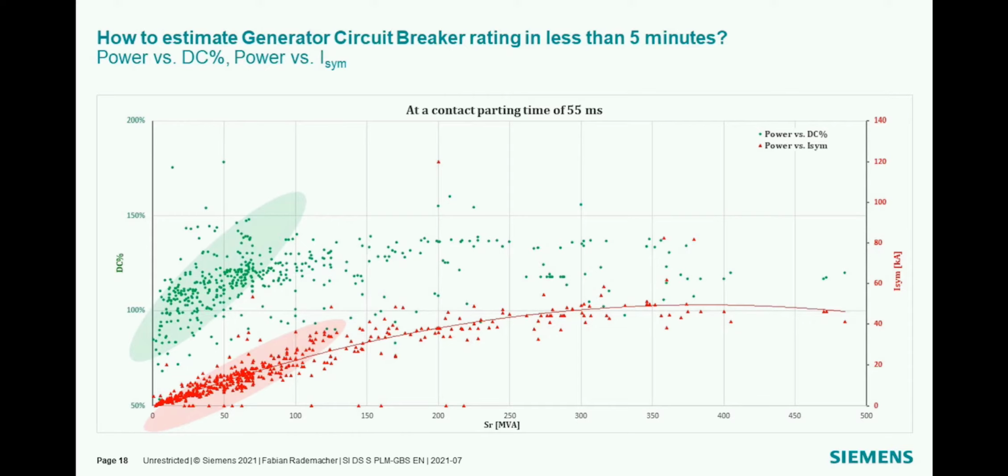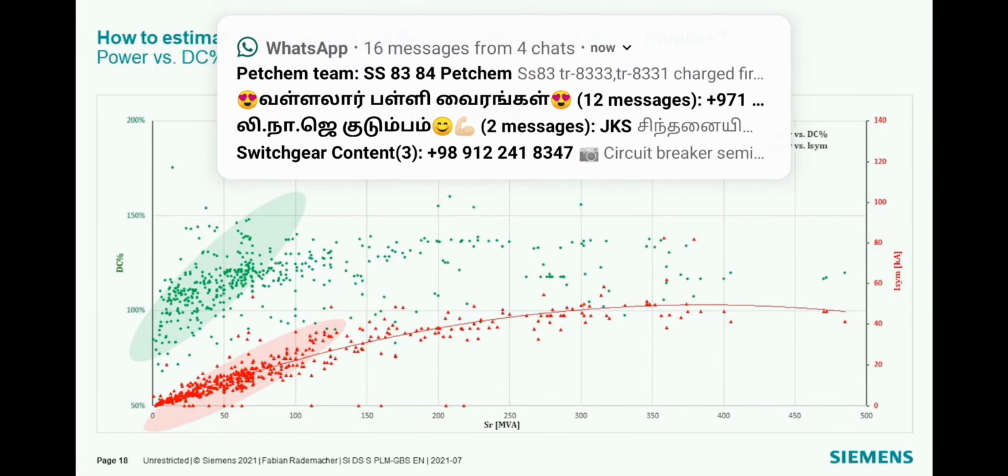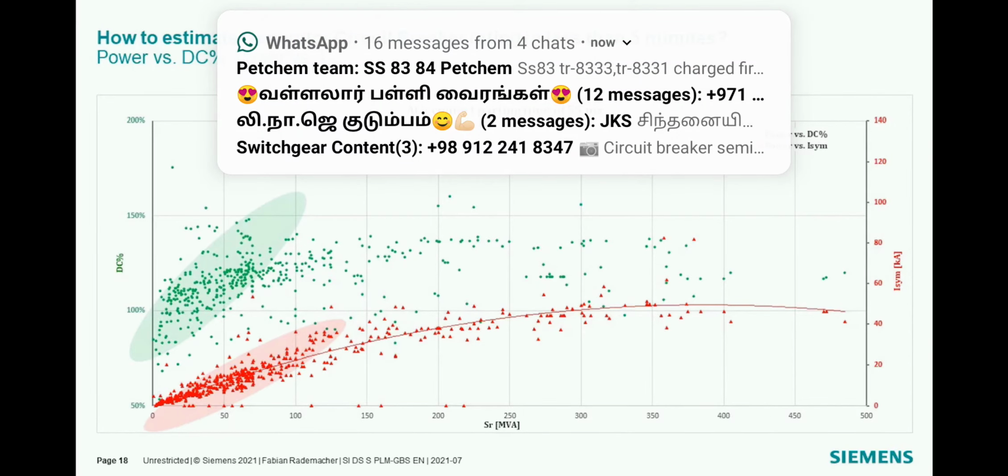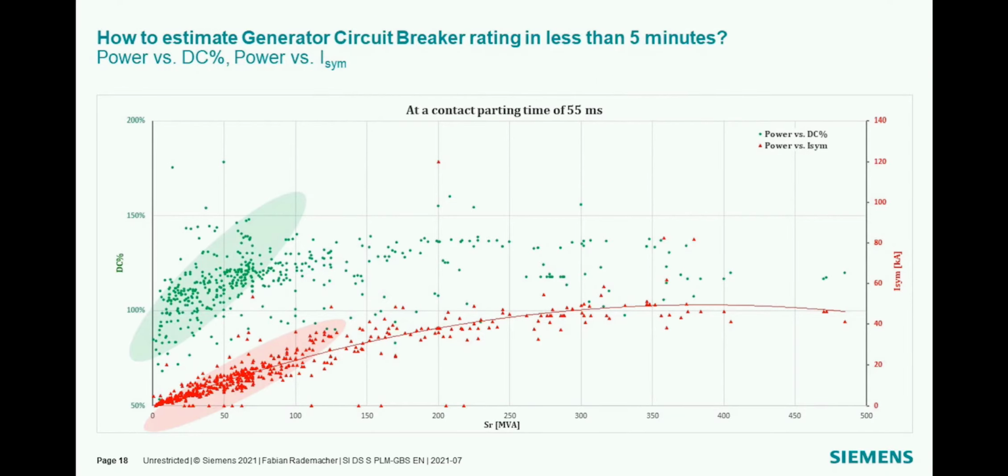So we can give you a reliable recommendation which generator circuit breaker and which solution from our side is suitable to fulfill your needs. And then we also have the power versus the symmetrical breaking current. Again, as with the DC percentage, we have one cluster.